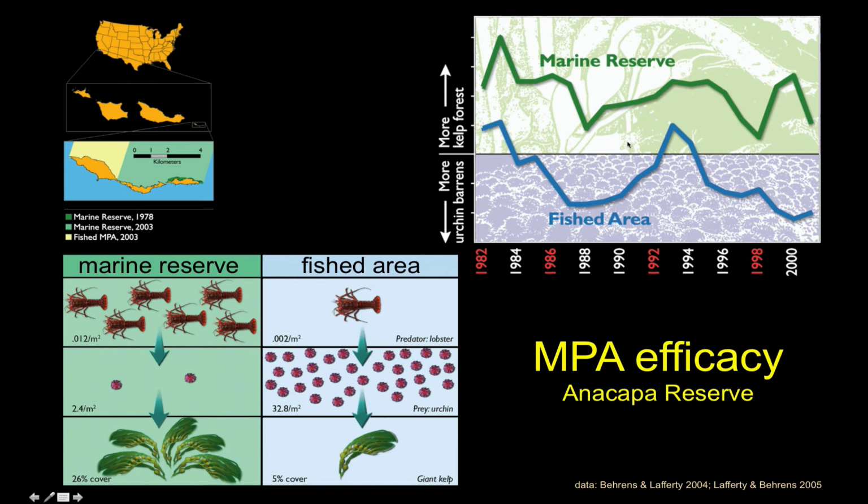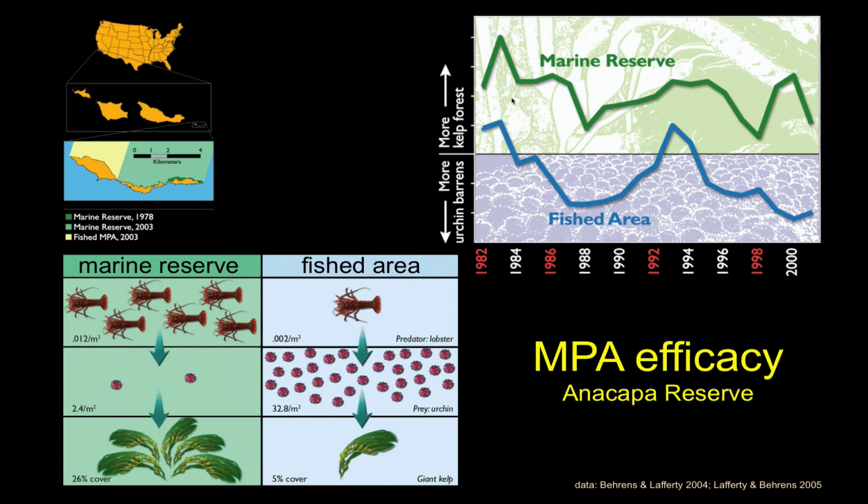So what you see over here is the long-term change, or long-term dynamic, in this system. So the blue, again, is the fished area. The green is the marine reserve. And what we see is there's always good years and bad years, no matter where we are. Some years it's better for the right conditions, got a lot of babies coming in, whatever the case may be.